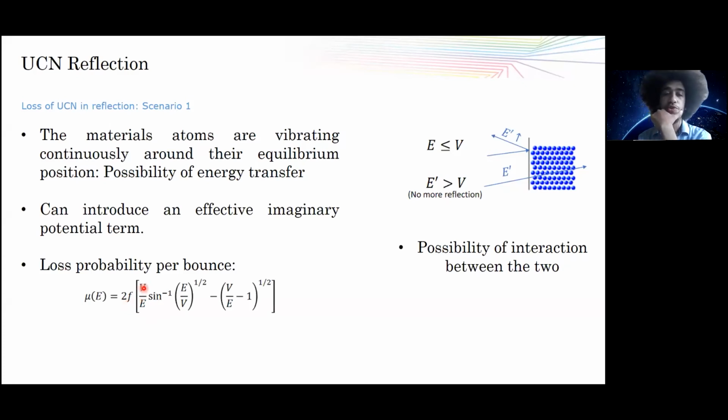And it also depends on your potential step and on the energy of your neutron. And so basically, as you keep bouncing, as time goes on, you'll have more and more probability of losing some of these ultra-cold neutrons. That's the first scenario of where you can lose some of your ultra-cold neutrons.